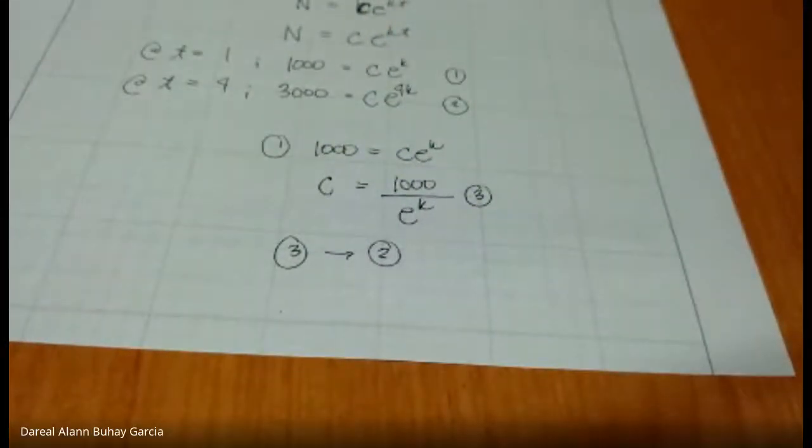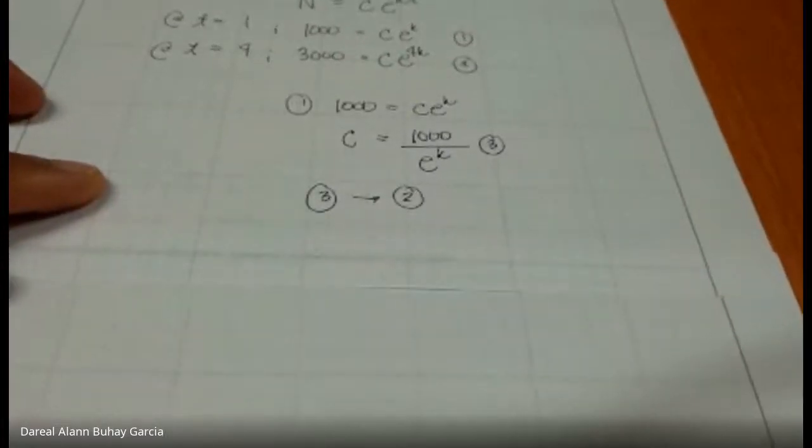Equation 2 is 3,000 equal to C e to the 4k, but C is 1,000 over e to the k.